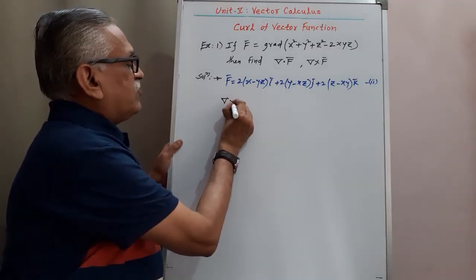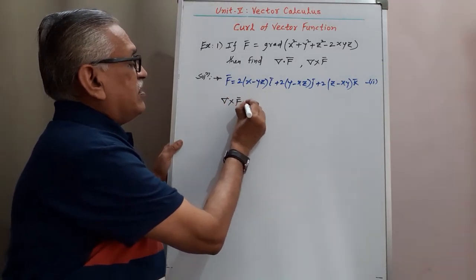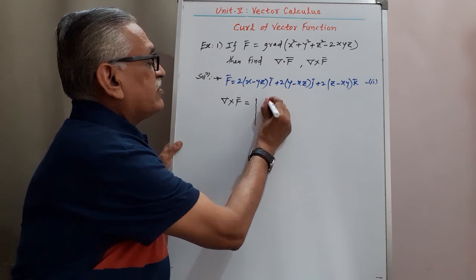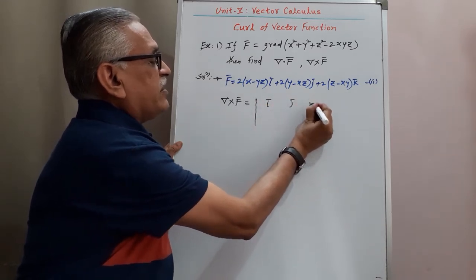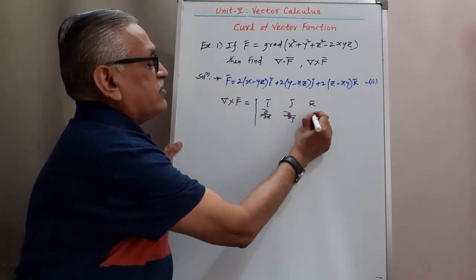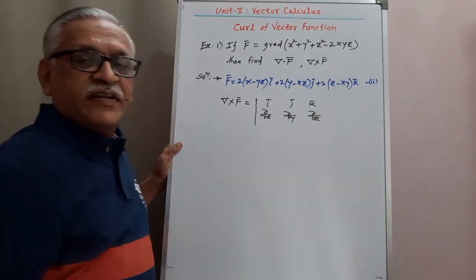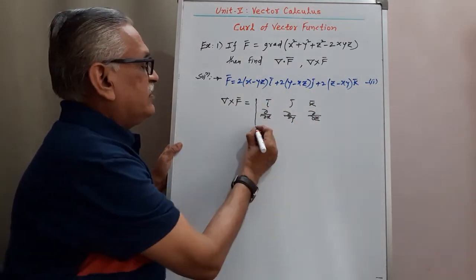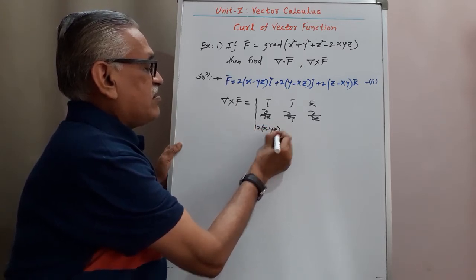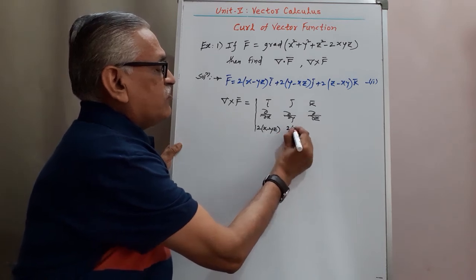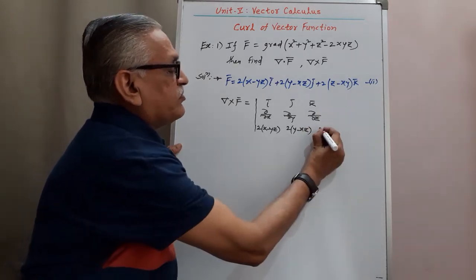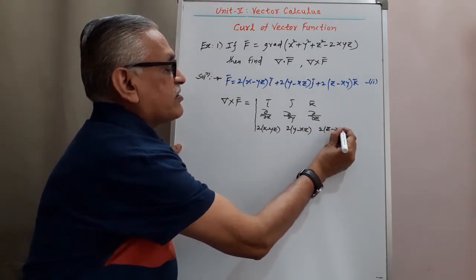Then that del cross f bar, as per definition of curl, it is determinant of i, j and k, dou by dou x, dou by dou y and dou by dou z, and in third row the components of that vector f bar: it is 2 times x minus yz, second component is 2 times y minus xz, and third component is 2 times z minus xy.